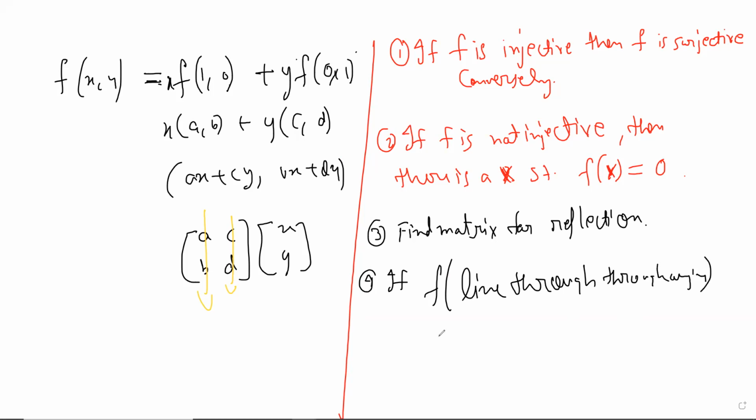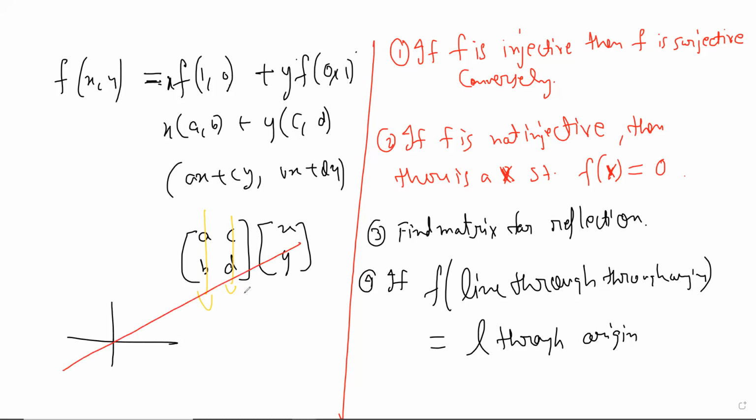If f is a function that takes as input a line, I'm not saying a line segment, then it will send this line to some other line. Which line it sends is not given. Just if it permutes, if it just sends lines to lines, then does this imply that f is linear?